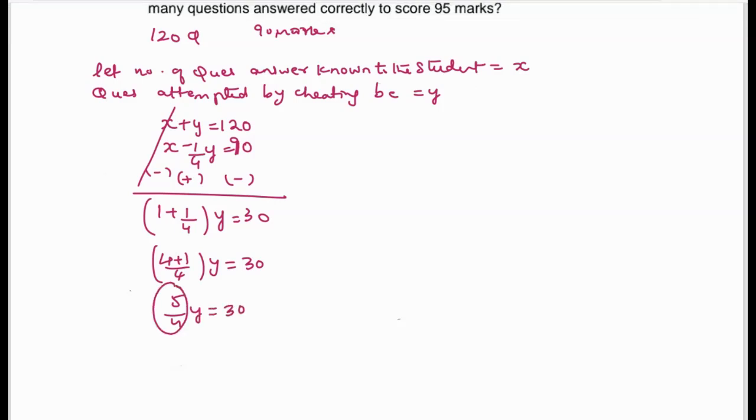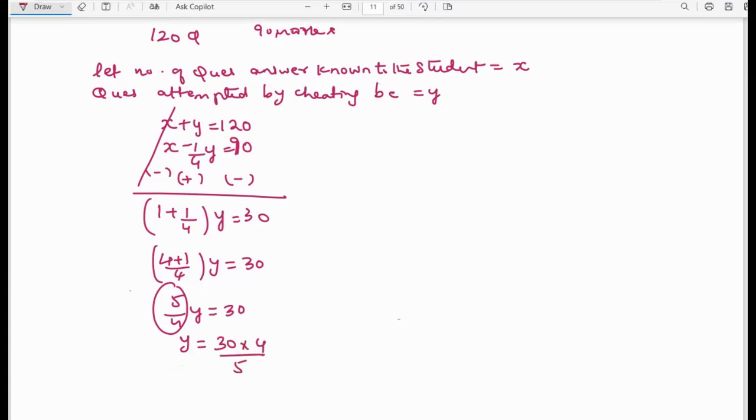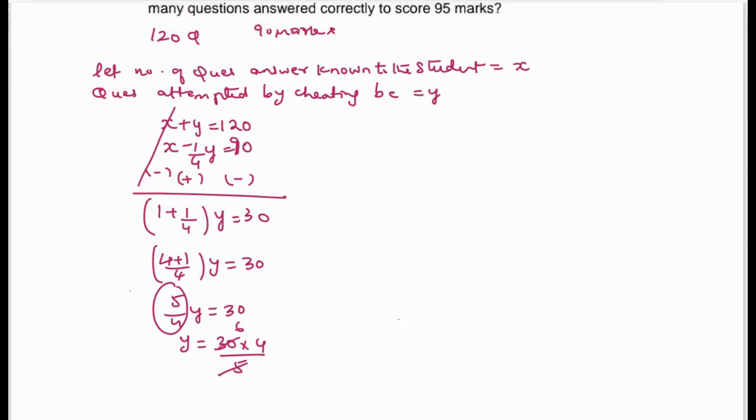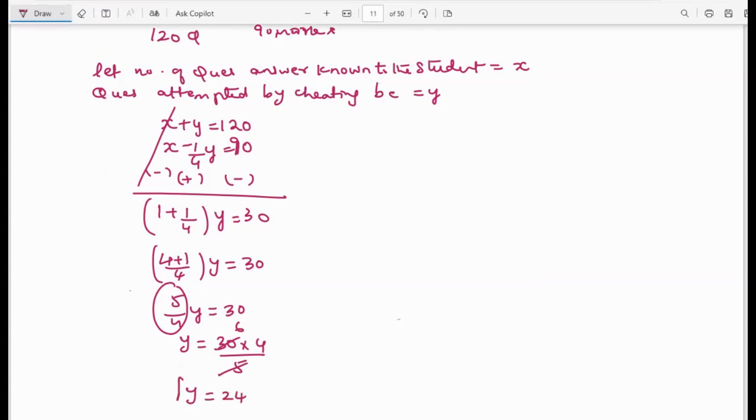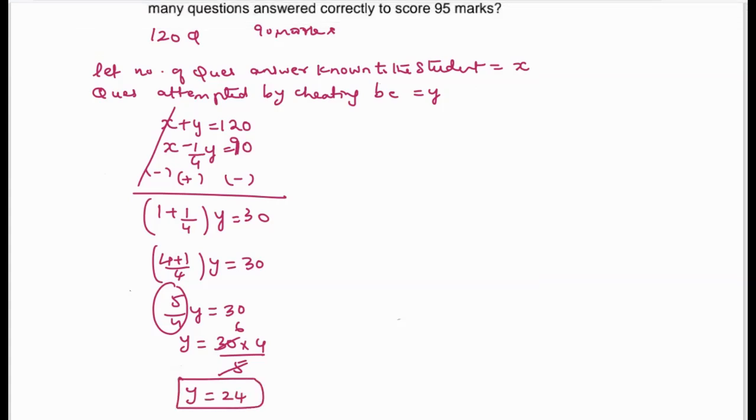Taking this to the other side, it will reciprocate: 30 into 4 by 5. 5 sixes are 30, so y will be 6 fours are 24. So the value of y is 24.